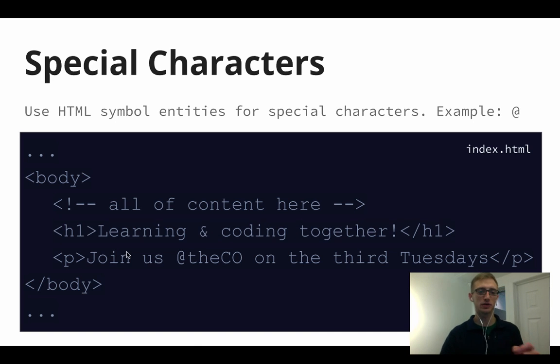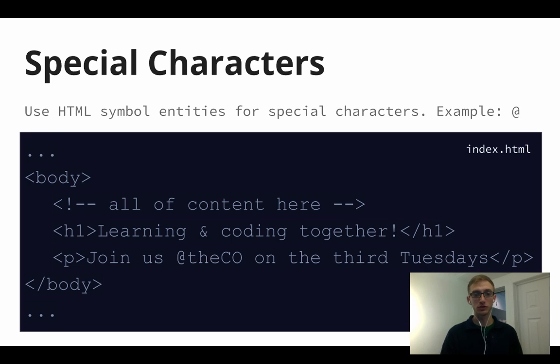Let's add a special character in learning and coding together. And so this ampersand is the and symbol. This ampersand, it needs to have a special symbol. This is a HTML symbol entity. And if we change this to an HTML version, then what we're doing is we're saying that this isn't code, this is a character that we need to show with HTML.